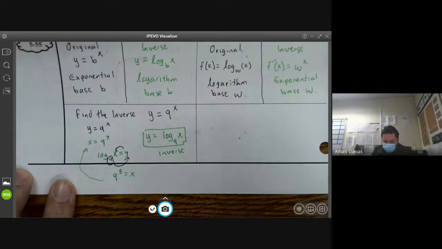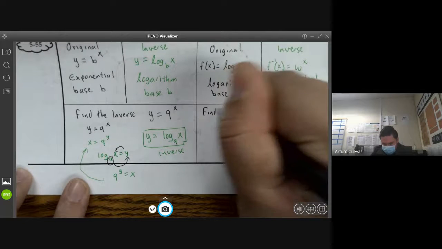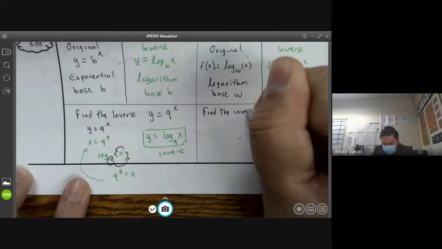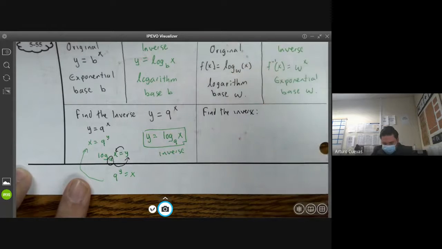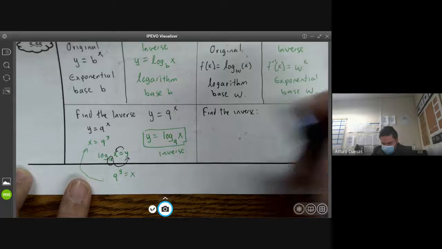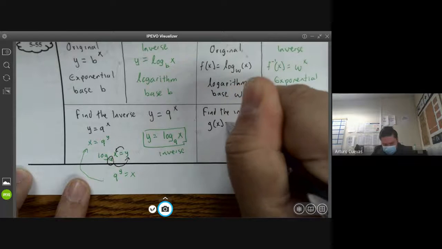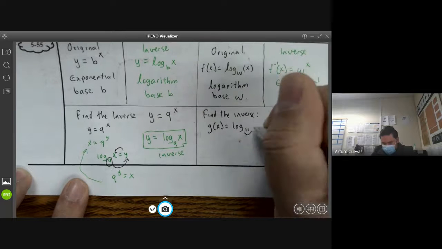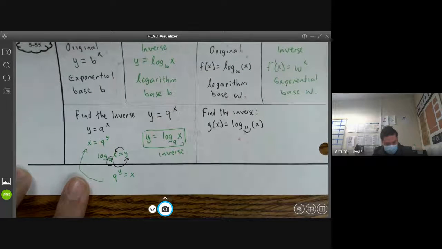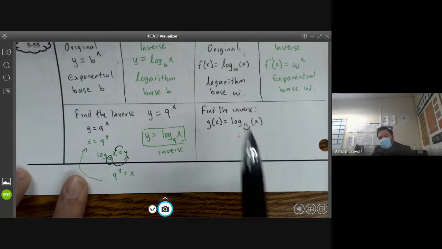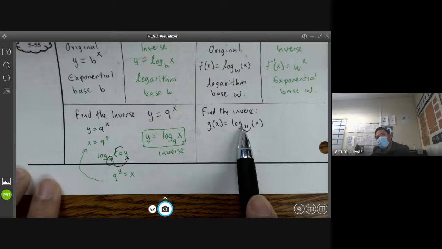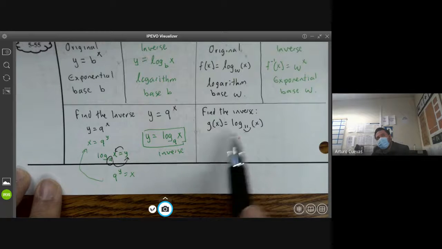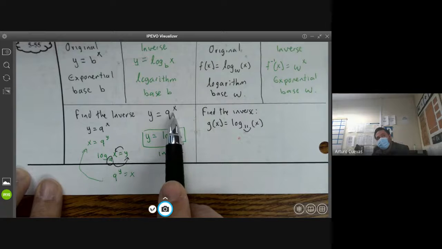Okay, last one. Find the inverse. G of x equals log base happy face of x. So if the original is log, the inverse has to be what kind of function? Earlier we said if the original is exponential, the inverse is log.